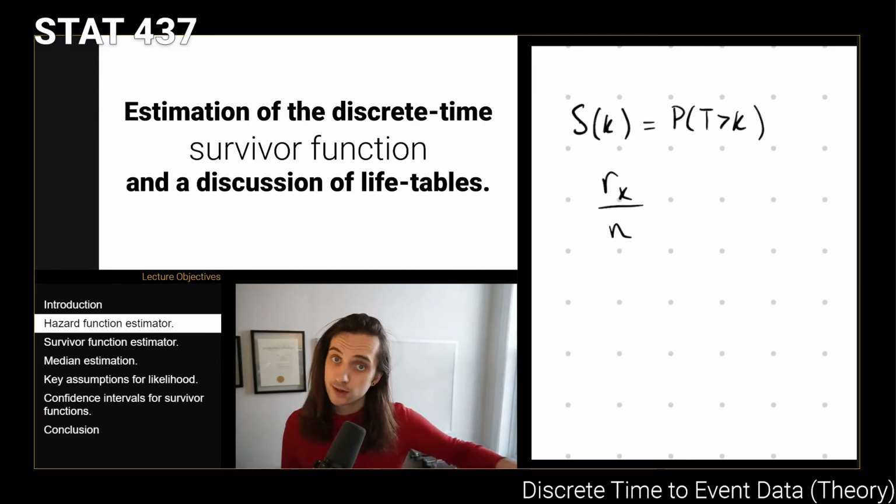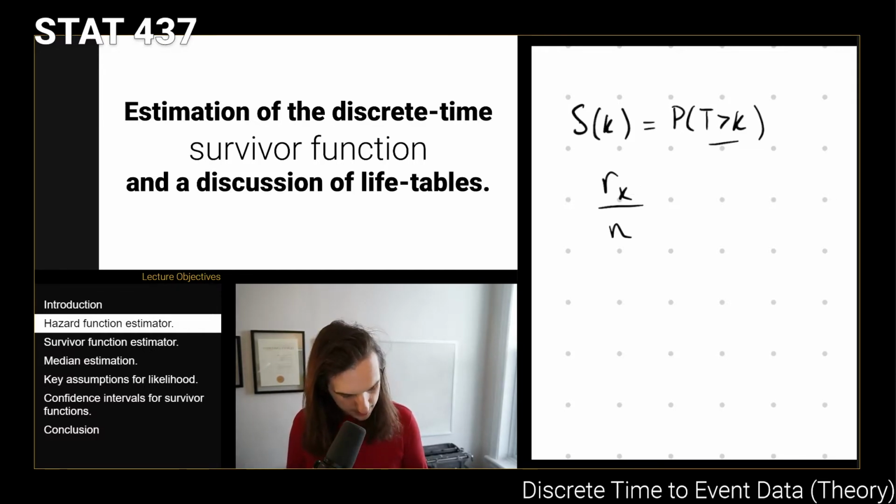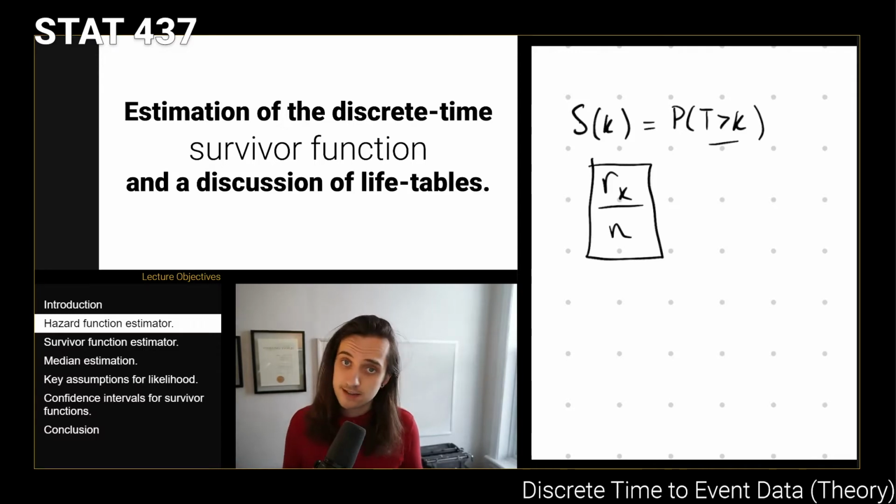It's the number of people who are still at risk. And I suppose depending on how you write this inequality here, you might actually be looking at r_k minus 1. But the point stands that taking a ratio that looks like this seems like it might be a good estimator. But the problem that we have here is that this r_k number is less than n for two reasons. The first is because some portion of people have events, right?